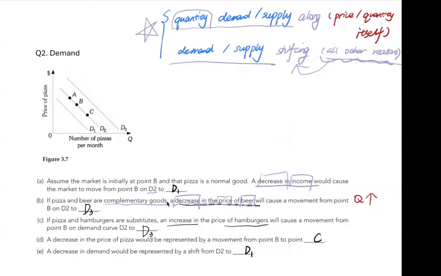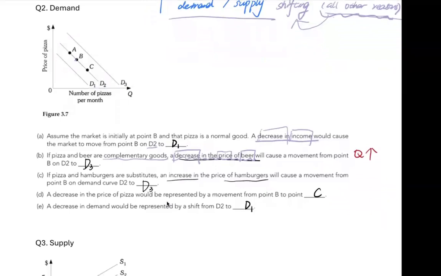Okay, and then it means that at the same price, the quantity that you want is higher than before. Then from B to this point, and previously we know this is a shift of the demand curve. So from D2 to D3. Okay.